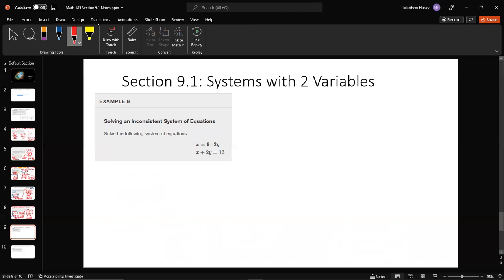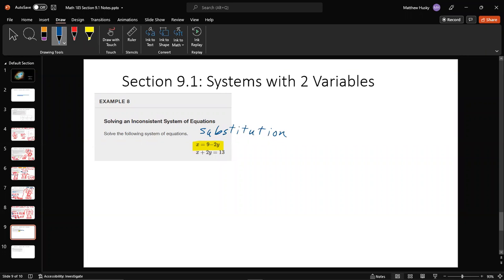Now here, this problem is teed up beautifully to do substitution, because what you will notice is that it has x equals some stuff. So for this example, I'm going to do substitution. This is the perfect situation for substitution, because you've already got x equal to something.